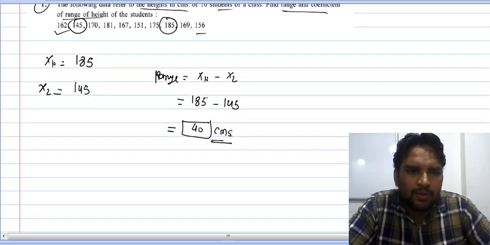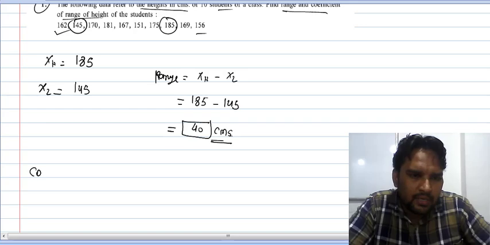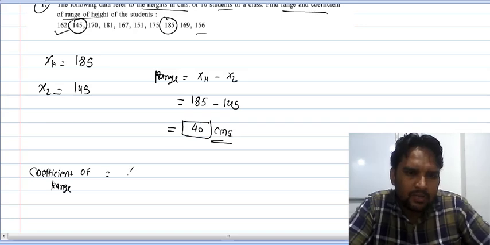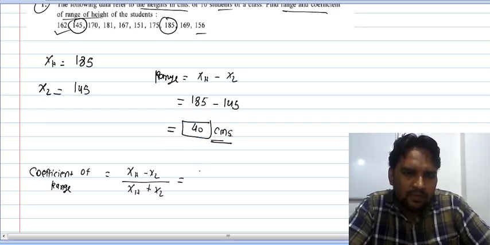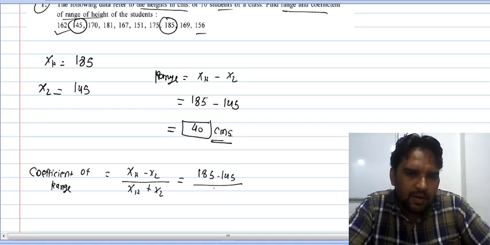Clear? Now we have to obtain the coefficient of range. They ask you to obtain the coefficient of range, so write your first formula. Coefficient of range will be xh minus xl divided by xh plus xl. Here xh is 185, so 185 minus 145 divided by 185 plus 145.